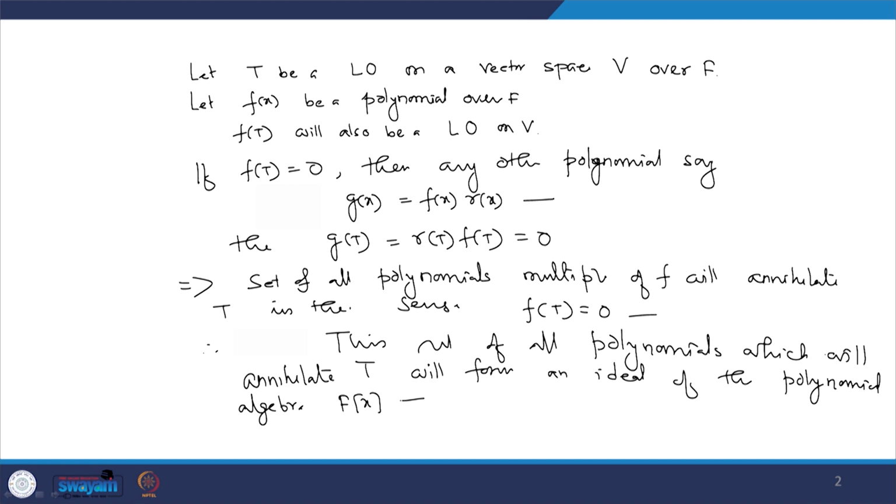This is basically the set of all the polynomials defined over the field capital F. Over this set, the set of all the polynomials which annihilate T will again be an ideal. Not to confuse, F is a field itself, and F[x] consists of all the polynomials defined over F.